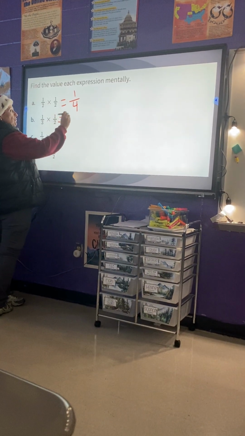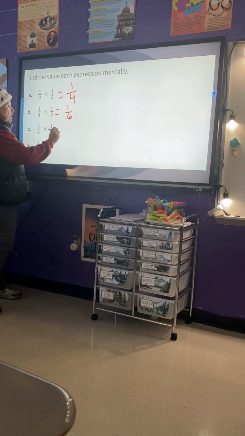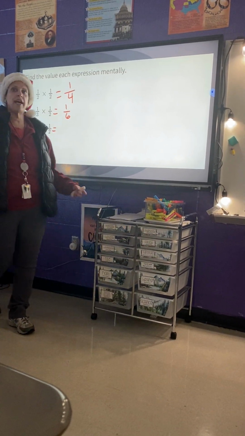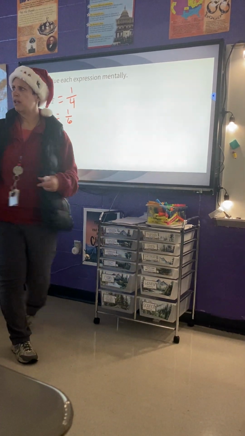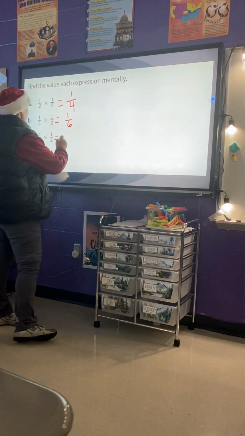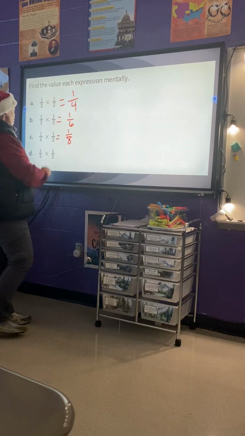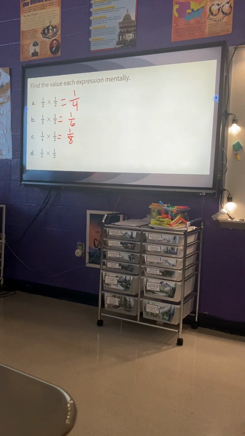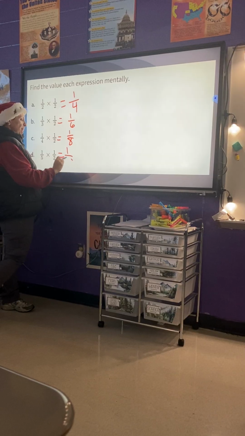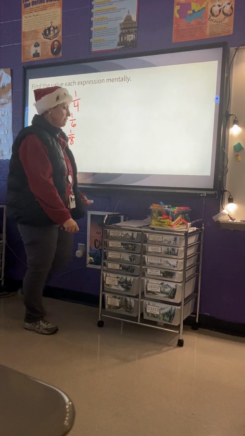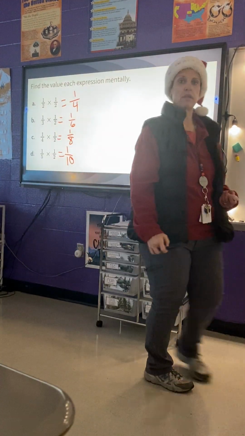Can you see what's being written on the board? Yeah. Okay. 1/4 times 1/2 is 1/8. 1/8. And Ashton, 1/5 times 1/2 is 1/10. 1/10. There we go. I noticed something about that. Tell me. It's going up by 2 on the denominator every single time.